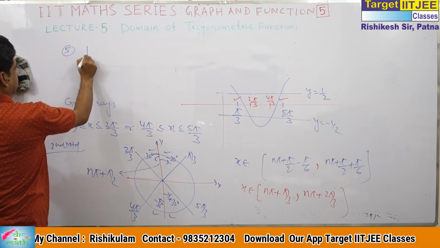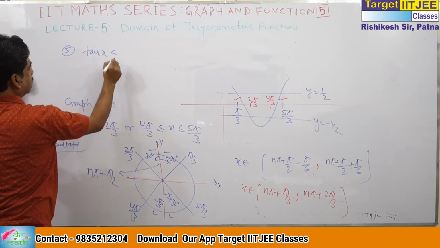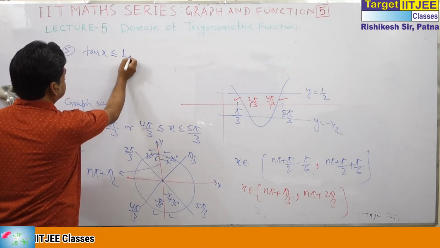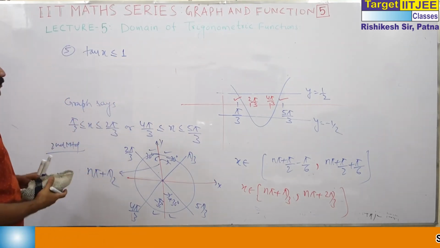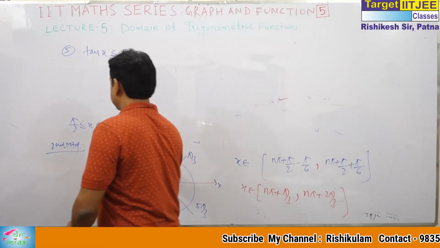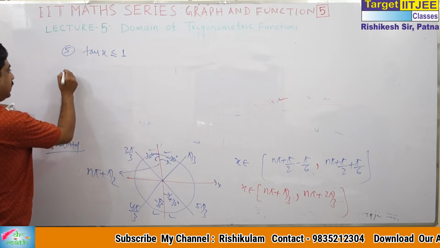Now, come to the final point on inequality: tan x less than or equal to 1. How to solve it?